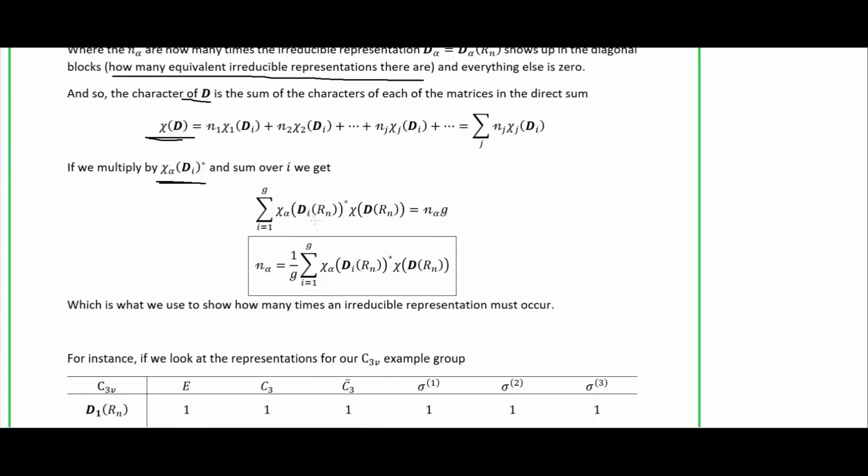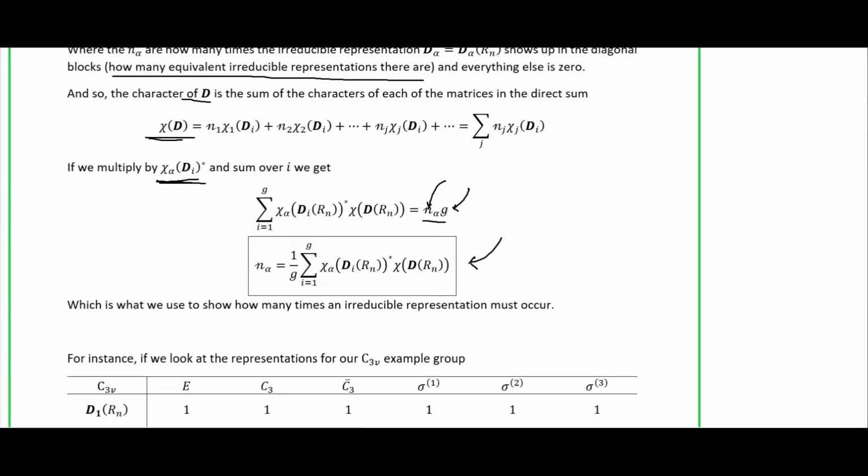And so we multiply those two together and sum through, we end up getting n alpha times g, because g is the order of the group, and n alpha is how many times we have this thing showing up in our giant matrix of everything direct summed together. And so then we can divide through by g here, and we end up with this.